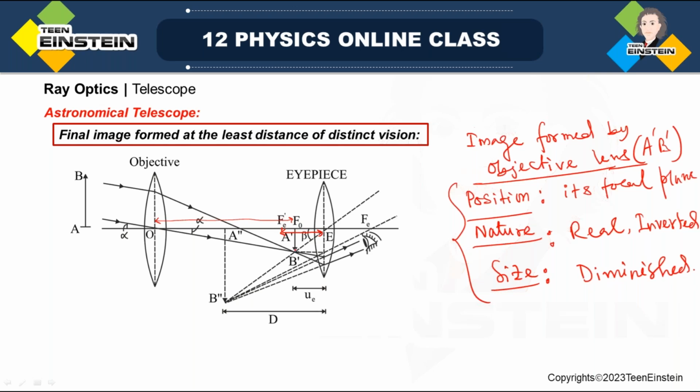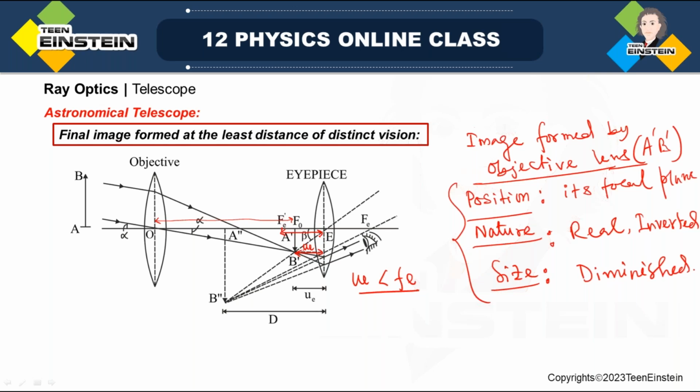See, the objective has formed an image here. This position, let us say this is UE. This particular position or distance is UE. So this UE is actually less than FE. That means the image formed by this objective is lying within the focal length of the eyepiece.